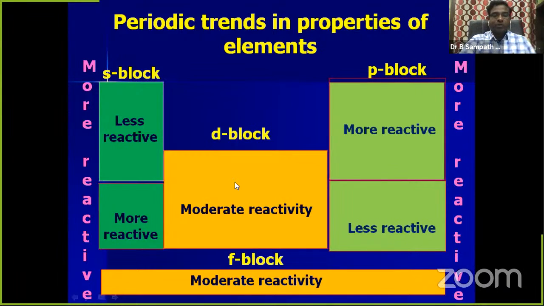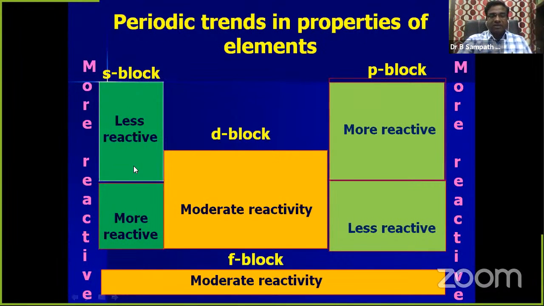The next is D block elements. These are moderately reactive, meaning the reactivity compared to S block decreases for D block elements. And while going towards the P block elements, the reactivity again increases. See here, more reactivity.